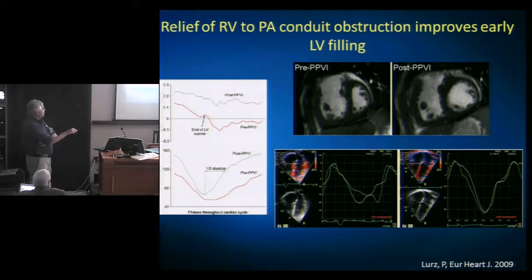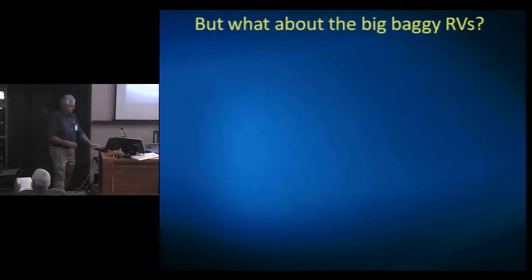If you look at strain curves in this patient before pulmonary valve replacement with right ventricular outflow tract obstruction and after, you can see how the strain curves are much more synchronous. The ventricle contracts and relaxes at the same time, and the filling of the LV improves. So that's perhaps a mechanism of how exercise intolerance improves and how this works.